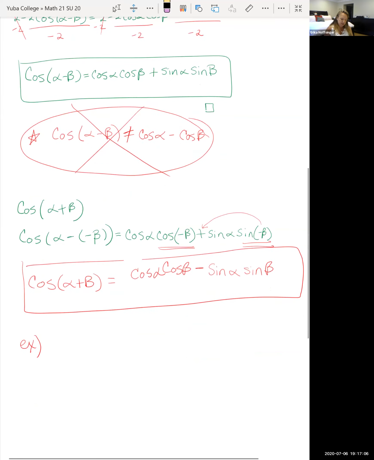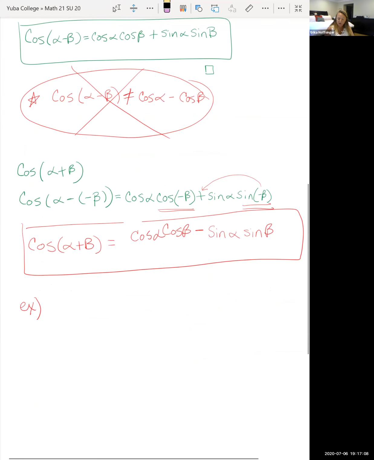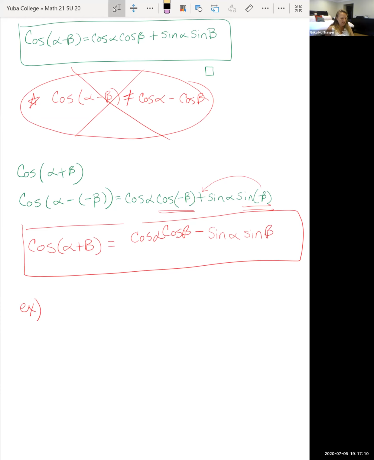So we can now use this to help us identify angles that we normally would not know. So for instance, if you had sine of 105 degrees, well, that's not a special angle. So our reference angle, what would that be? That would be 85 degrees. That's not one we know.